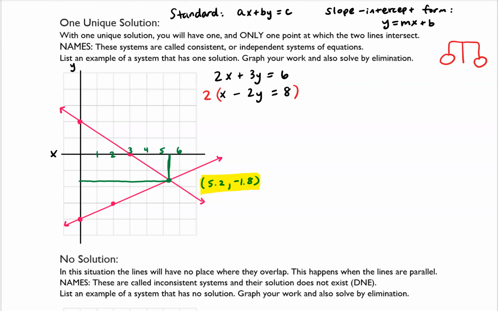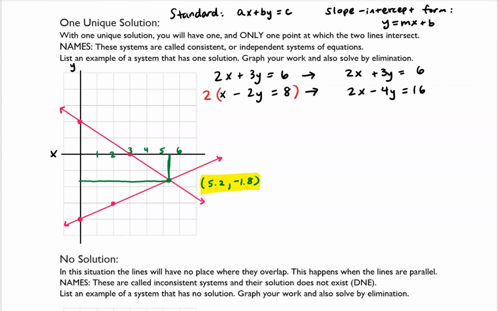If you start off with balance, as long as you add or multiply something to one side, if you do the exact same thing to the other side, it should remain balanced. So I'm going to go ahead and multiply that second equation by 2, and if I do that, my new equation would be 2x minus 4y is equal to 16, and I'm going to keep my first equation the same, 2x plus 3y equals 6.